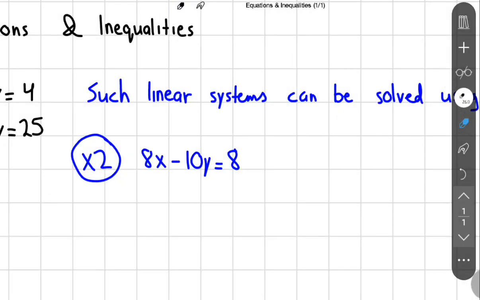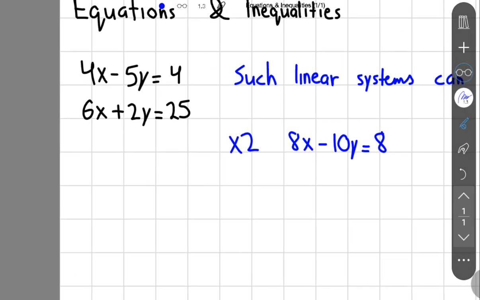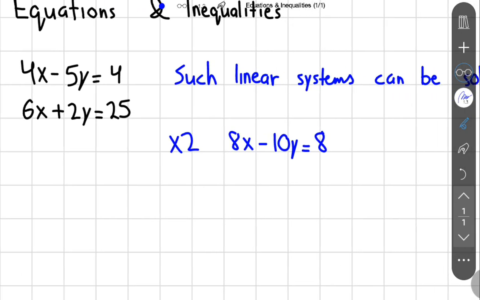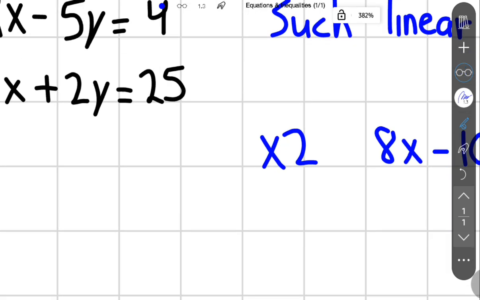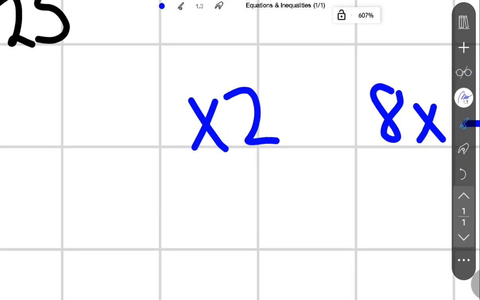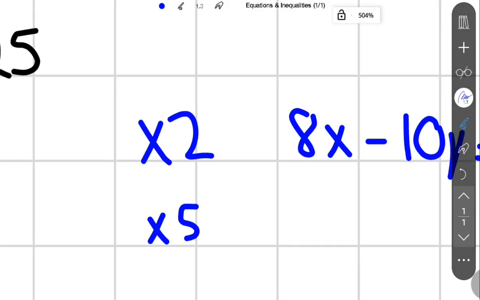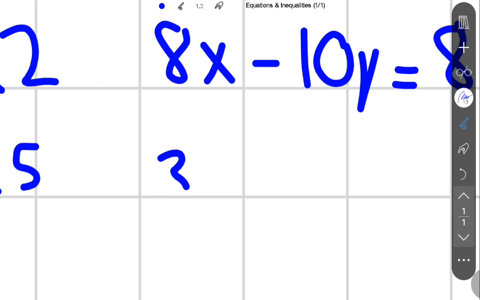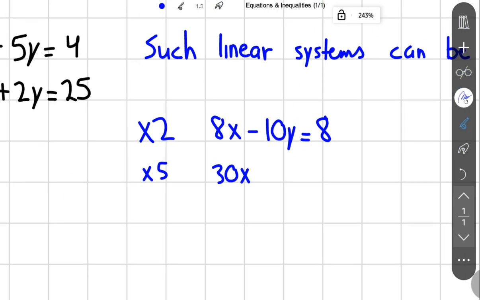If we look at the second one now, we have 6x plus 2y, and as we agreed, the lowest common multiple is 10, so we'll have to multiply this whole equation, 6x plus 2y equals 25, by 5. So, times 5. 6 times 5 is 30, so we have 30x. And please be careful of the signs.